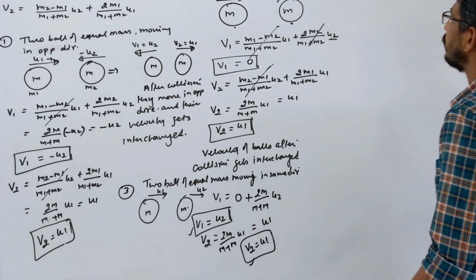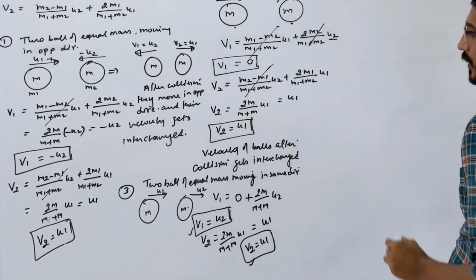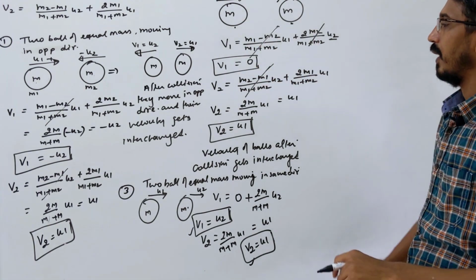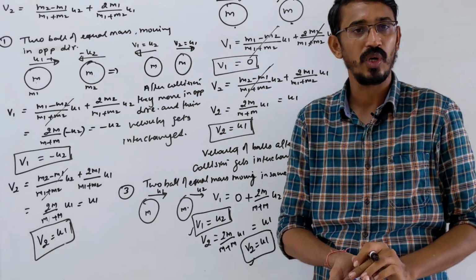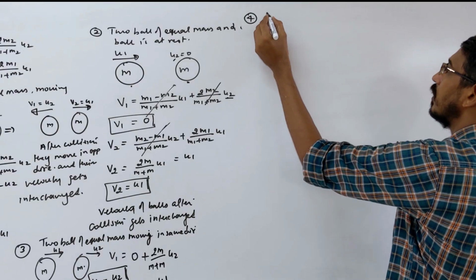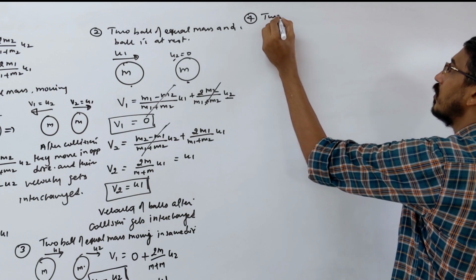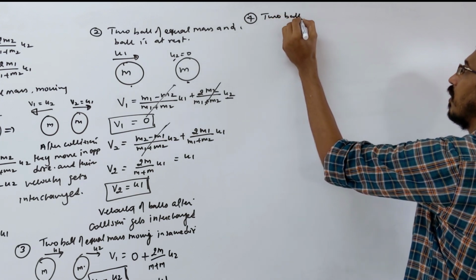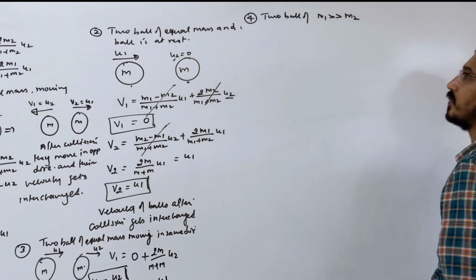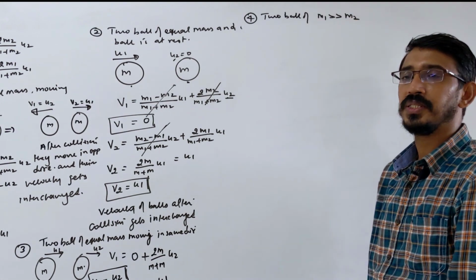Okay, let's talk about a few more special cases now. Suppose you have a case where one ball is very big and the other ball has small, negligible mass. Suppose m1 is very big compared to m2. One mass is very big.